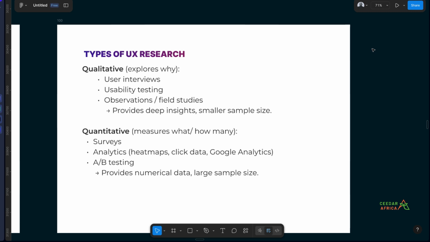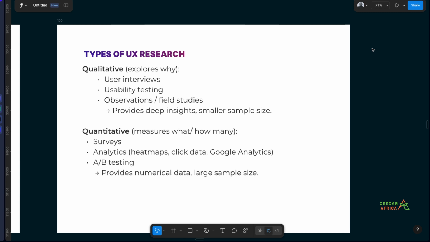All of this is usability testing, and that is a method of research also, because you pick up those data and then you put it back to work on your product. So that falls under the qualitative research method also. And then the next is observations and field study. All of this is under qualitative.